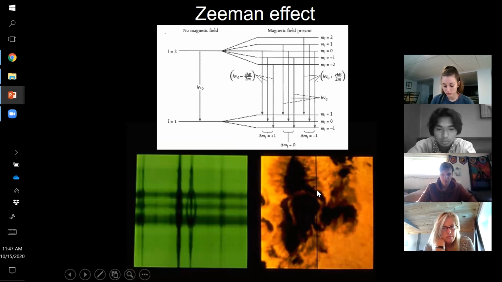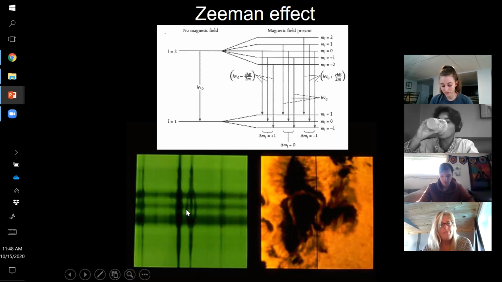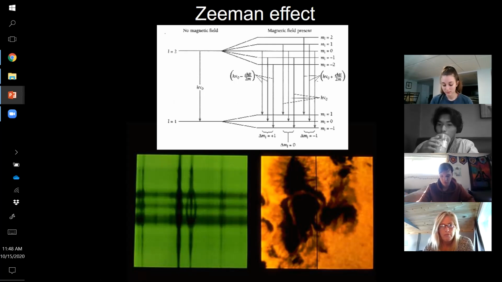But check this out. Do you see how when the line goes over the sunspot, you can see the absorption line split into this little trident shape? That's called the Zeeman effect. It's something you usually learn about in graduate school. And you can actually measure the width of this trident, and it can help you estimate the strength of the magnetic field.